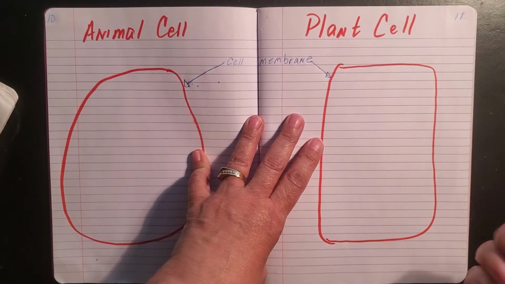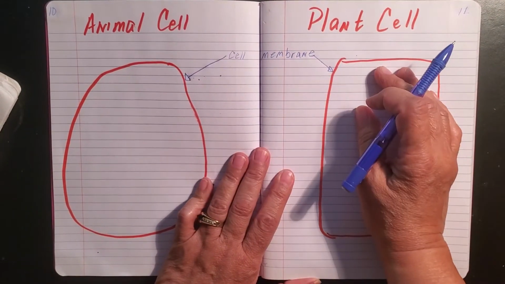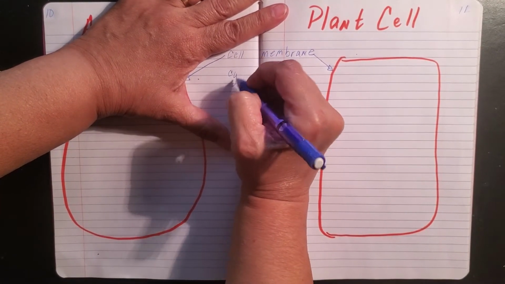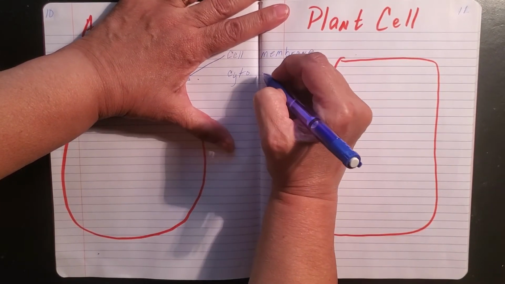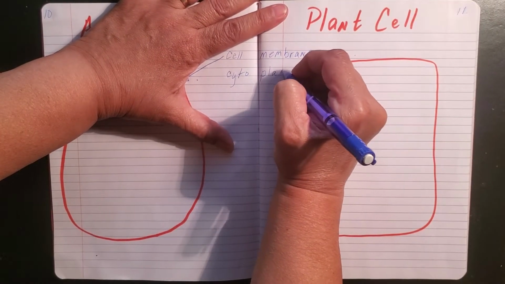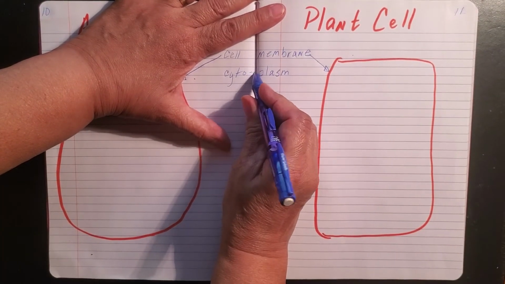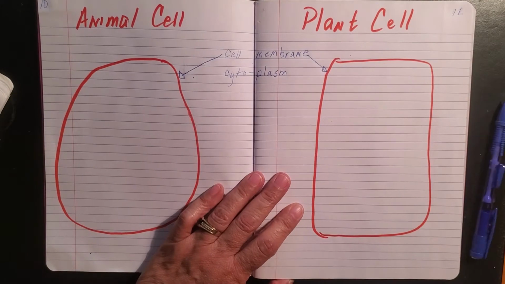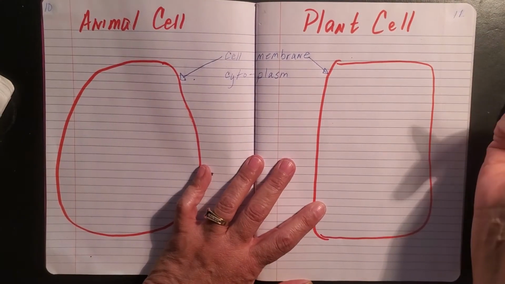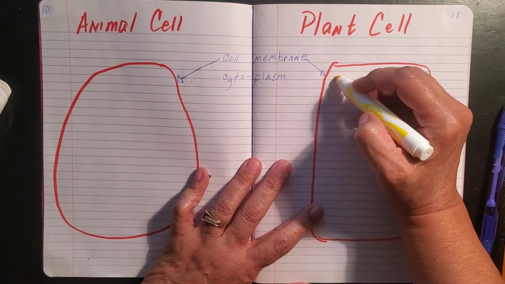The next organelle I'm going to draw in here is the cytoplasm. Plasm is like a liquid. Cyto means cell. So it's the cell liquid. This goes together. It's kind of hard to draw, but this is my best interpretation. And again, you can draw it the same way.